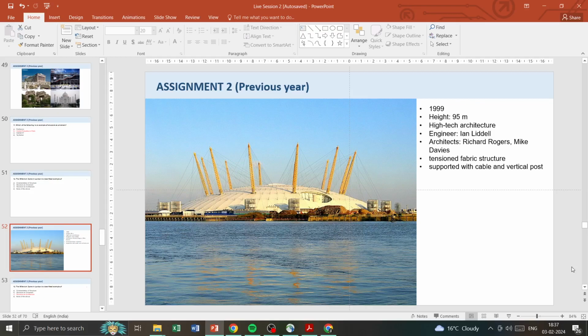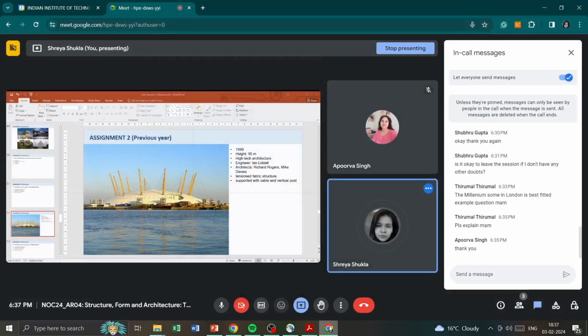So the whole dome itself, the whole building, is just the structure. That's why this is structure as architecture. I hope I was able to explain it.